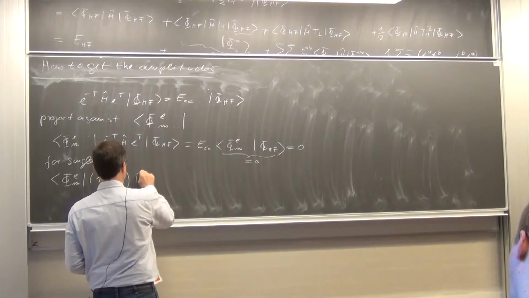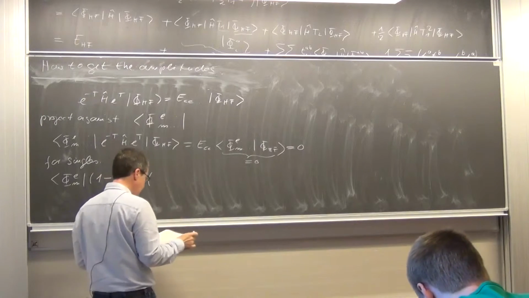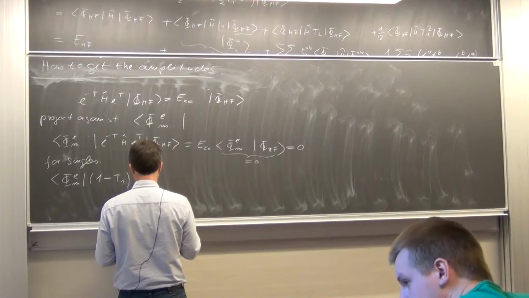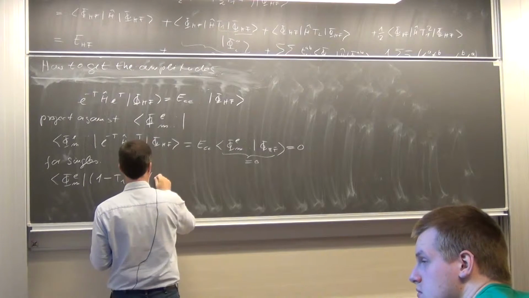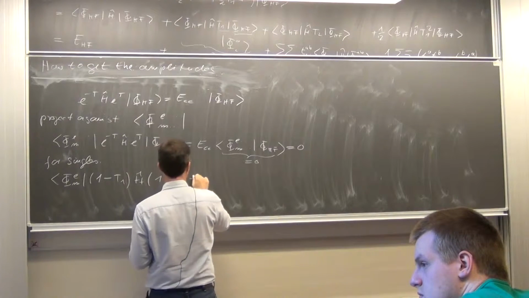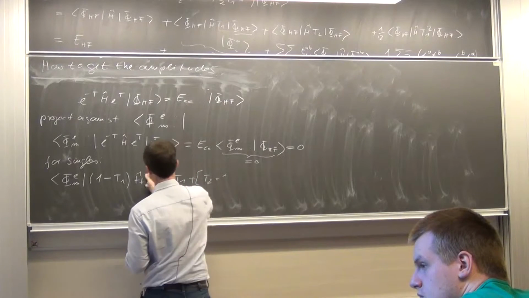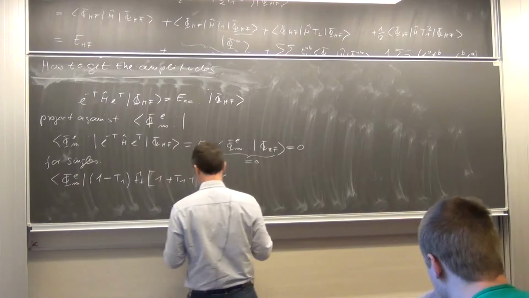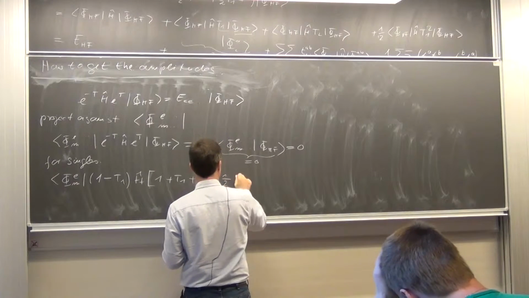Then I have my Hamiltonian here. And then on the right-hand side, I have to go up to T1. Then I have T2. Well, let's stick to the normal mathematical parenthesis notation.